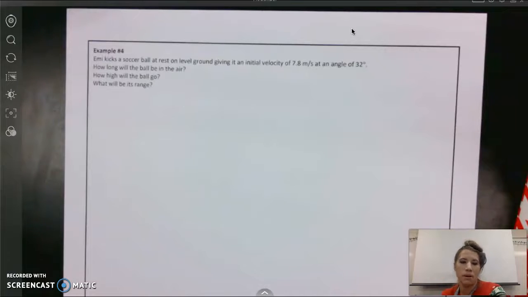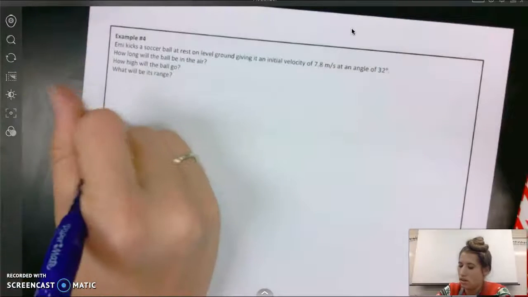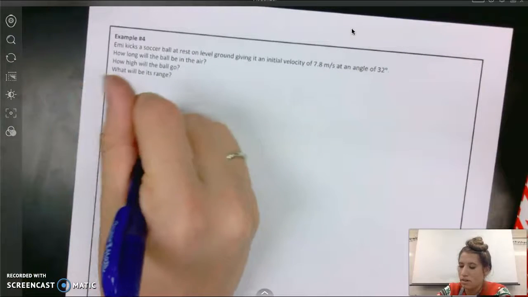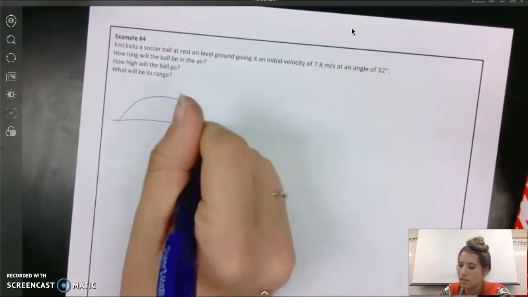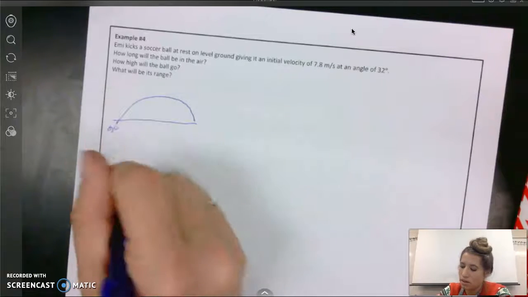Emmy kicks a soccer ball at rest on level ground, giving it an initial velocity of 7.8 meters per second at an angle of 32 degrees. Okay, so we have a soccer ball kicked in the air, it comes back down. That is going to be my 0, 0 point.